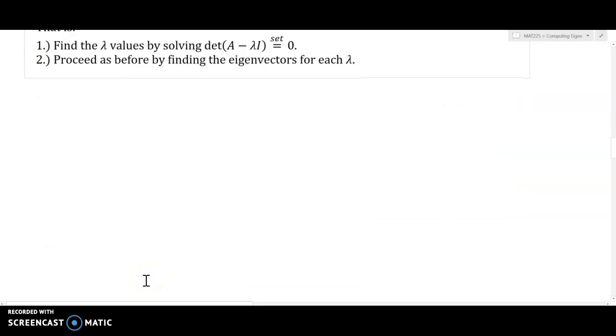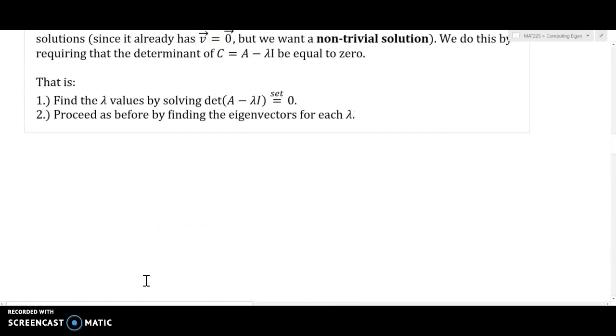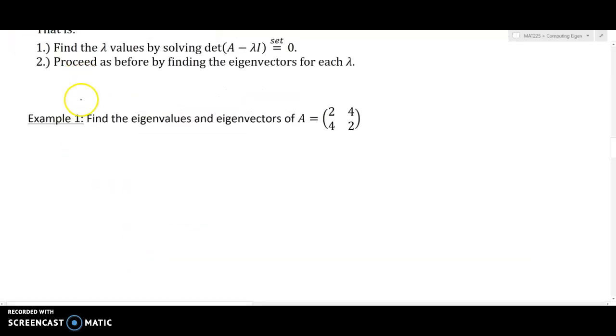So let's go ahead and implement this so that we can see how this works. Here's our previous matrix, which we've already found the eigenvalues for. We were given them as, I believe, positive 6 and negative 2, but how would we go about finding its eigenvectors? Once again, we always need to step back to the eigen equation, which is Av equals lambda v, because any eigenvector is a vector satisfying this equation.